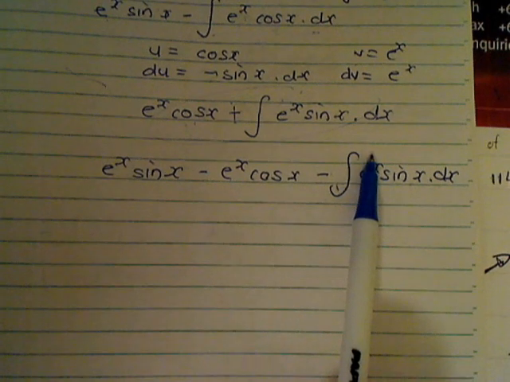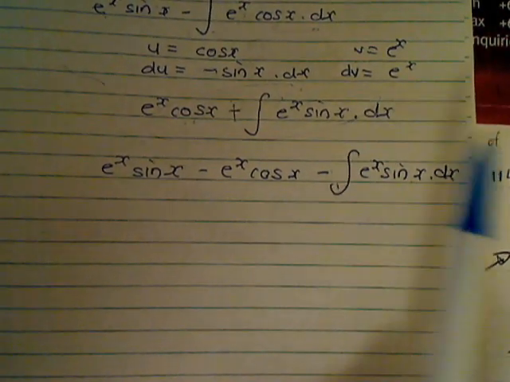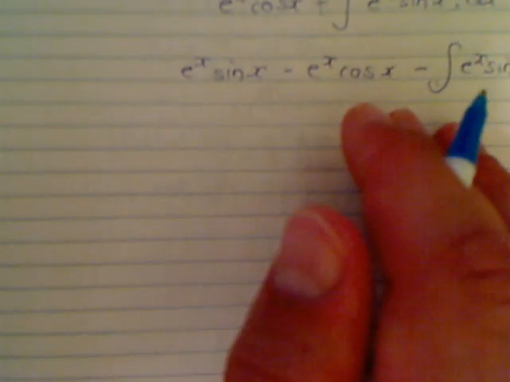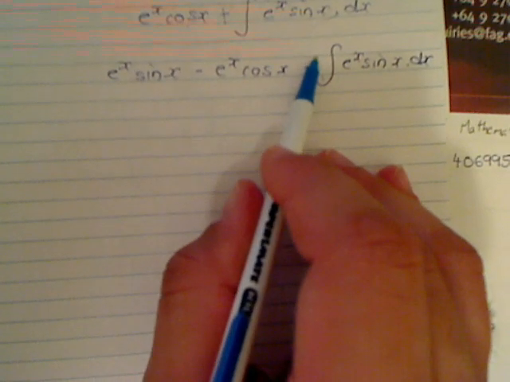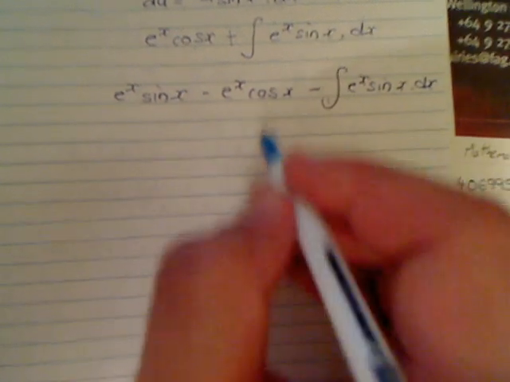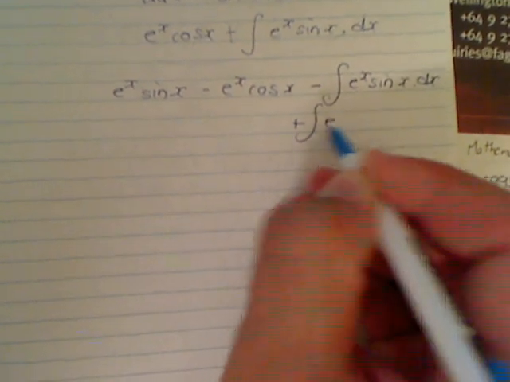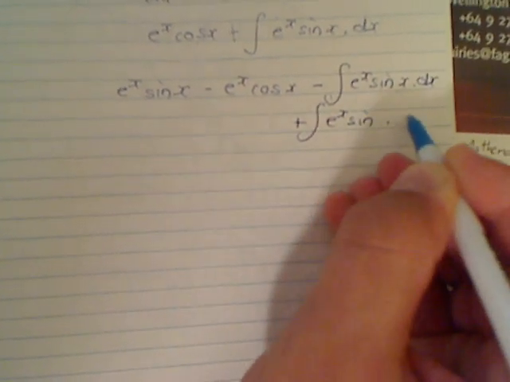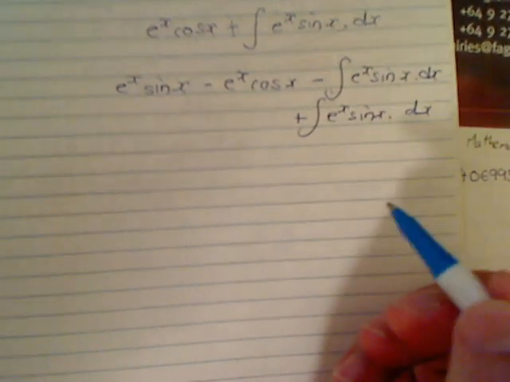So how am I going to get rid of that? Well, if you think about adding, if this is a negative here, if I add an integral of e^x sin x dx, this will disappear. So I'm going to add an integral of e^x sin x dx.